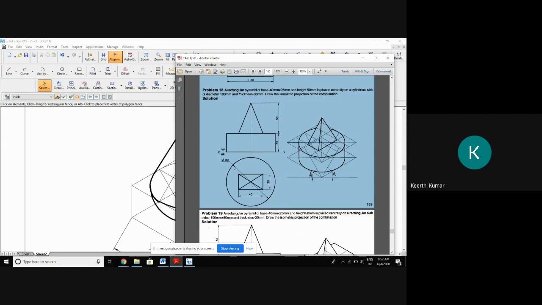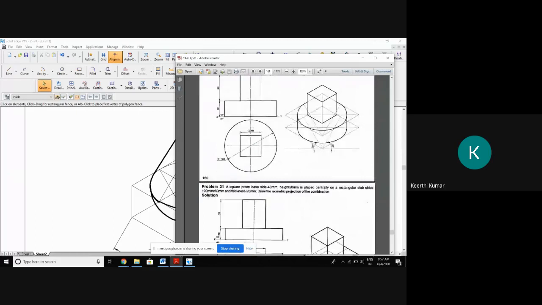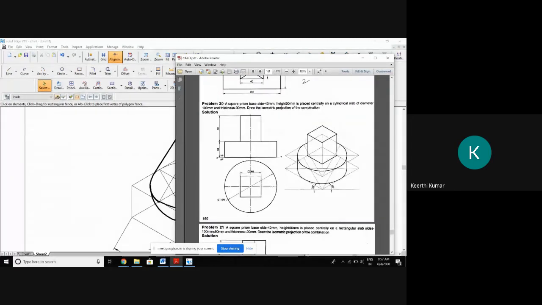That means the rectangular pyramid is placed above the cylindrical slab. I'll explain how to make a cylindrical slab. The diameter of the cylindrical slab is 100, thickness is 30. So this base I'll explain first. If you learn this base, you can do the homework problem. I have given the 20th problem as homework. Again, this is also a cylindrical base. Anyhow, you know how to do a prism; in the last class we did.